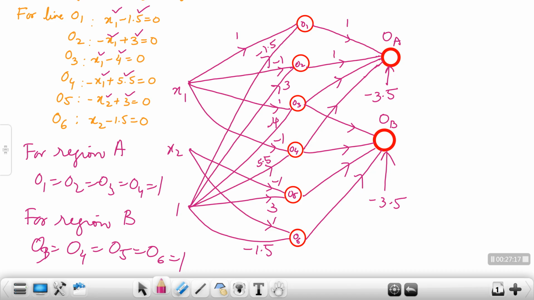So all these weights are all ones. We are not using any other weights. Now, if the condition O1, O2, O3, O4 equal to 1 is satisfied, then this neuron will get fired. If the condition O3, O4, O5, O6 equal to 1 is satisfied, this neuron will get fired. But both of them cannot get fired at the same time.